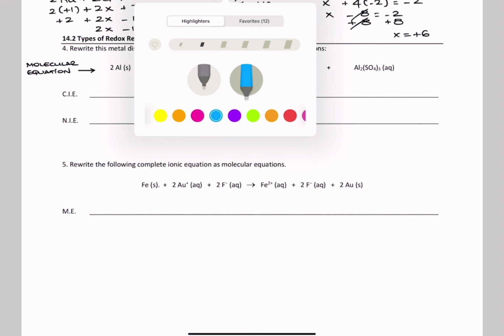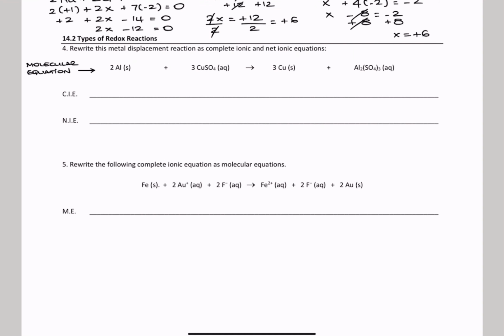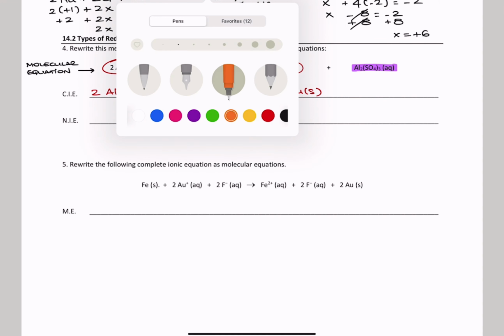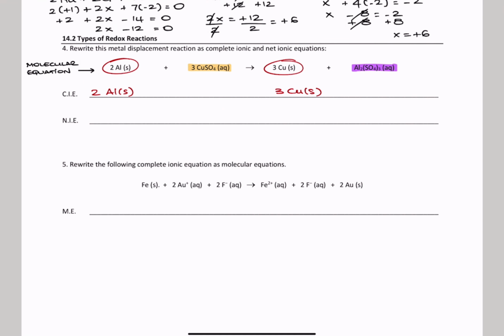To write the complete ionic equation, you need to remember that anything that is in the aqueous state will need to be dissociated, okay? And anything that is not in the aqueous state, and I'm going to circle it, will remain the same. So I'm not going to touch the aluminum, it's solid. I'm not going to touch the copper, it's solid, but I'm going to dissociate the copper sulfate.